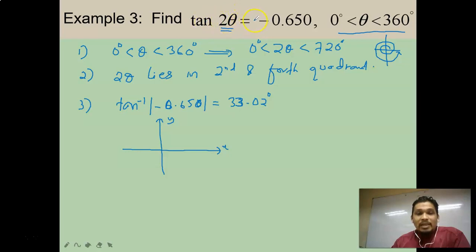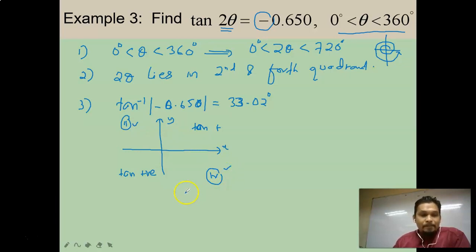The basic angle is arctangent of 0.650, which equals 33.02 degrees. Now, tangent of any angle equal to negative means it lies in the second quadrant and fourth quadrant, because in the first quadrant tangent is positive, and also in the third quadrant tangent is positive. So we are talking about the second and the fourth quadrant.